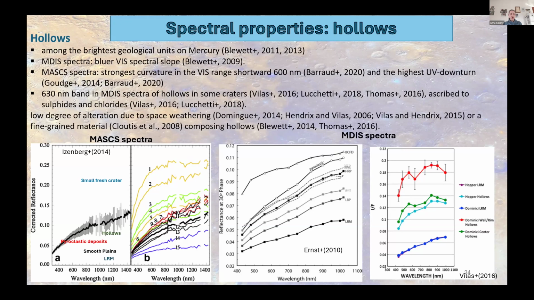We can also find on MASCS spectra the strongest curvature in the visible range, short towards 600 nanometers. So also here we have a curvature in the spectrum. And some spectra of hollows have a spectral feature at 630 nanometers, ascribed to the occurrence of sulfides and chlorides. All these spectral properties suggest that hollows have experienced a low degree of alteration due to space weathering, and also in this case, as pyroclastic deposits, are probably made of fine-grained material.